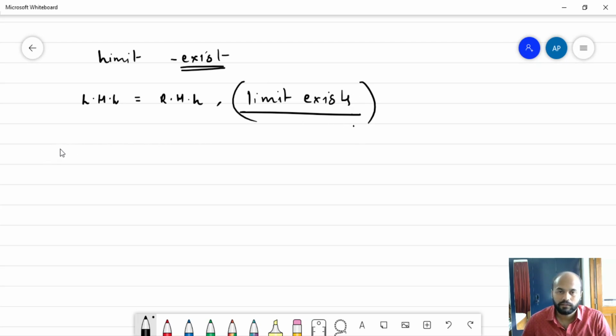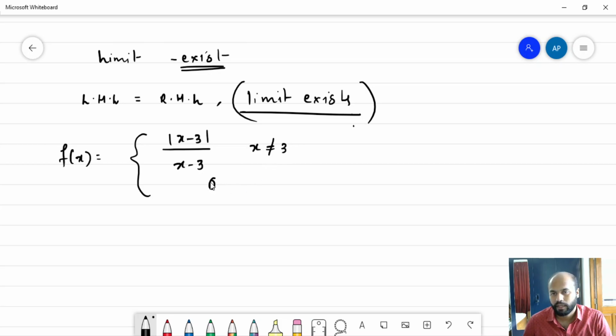So let's say that the function given to us is mod of x minus 3 by x minus 3, when x is not equal to 3, and it is 0 when x is equal to 3.